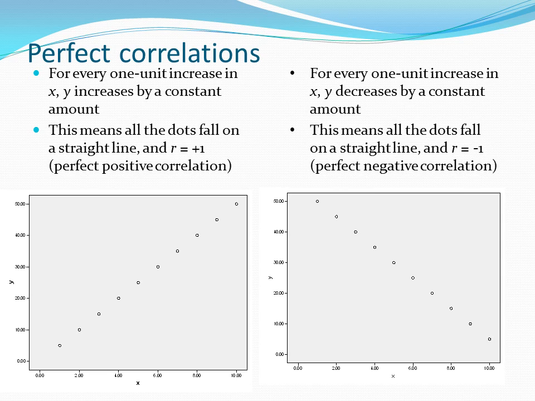Now, on the other hand, if you look at the scatter plot on the right-hand side, for every 1 unit increase in X, Y decreases by a constant amount. This means all the dots once again fall on a straight line, and our Pearson's test is equal to a -1, which is a perfect negative correlation.